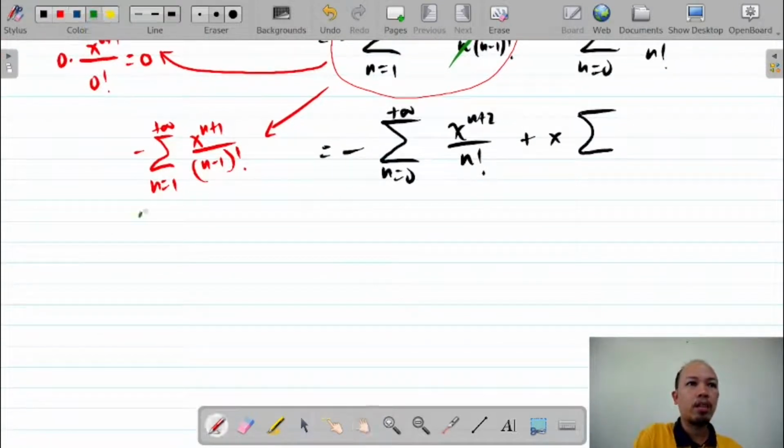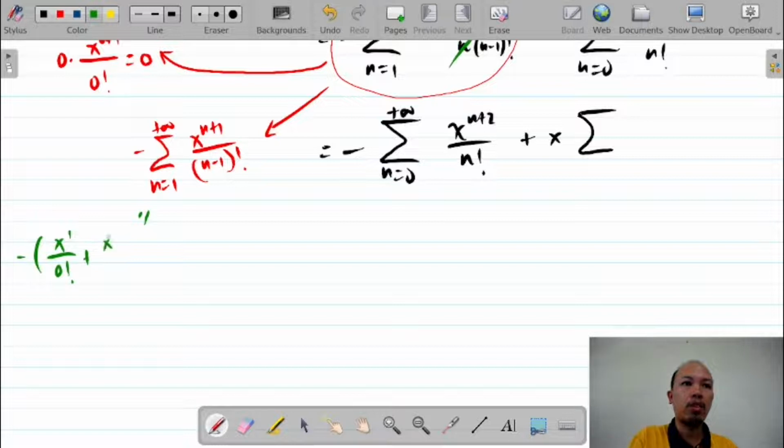This is minus, when n is equal to 1, we have x to the 1 over 0 factorial plus, n is equal to 2, x squared over 1 factorial, x to the 3 over 2 factorial, and so on and so forth, up to x to the n plus 1 over n minus 1 factorial plus dot dot dot.